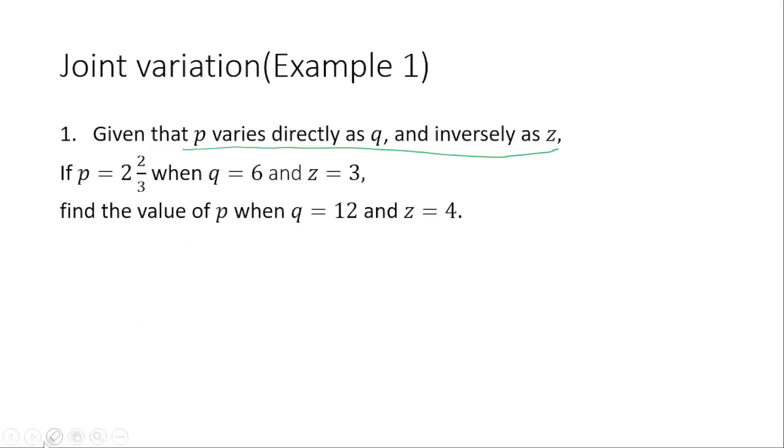This is how we are going to write this statement. P varies directly as Q and inversely as Z. Any variable that is inversely connected to another will be the denominator, and the one that is directly connected to the other will be the numerator.